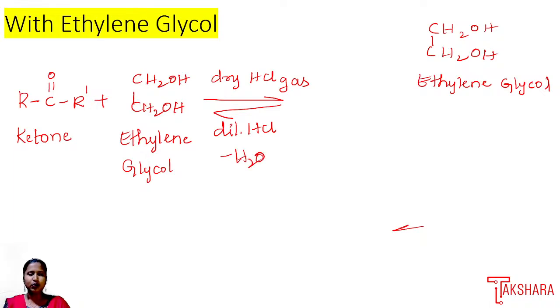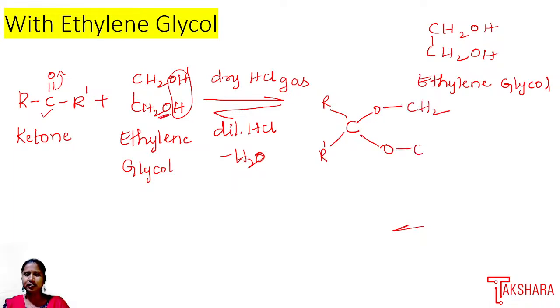This double bond becomes a single bond, and in the product the middle carbon atom C is attached to the 2 alkyl groups, R and R dash, and one oxygen and another oxygen from this ethylene glycol form the cyclic product.